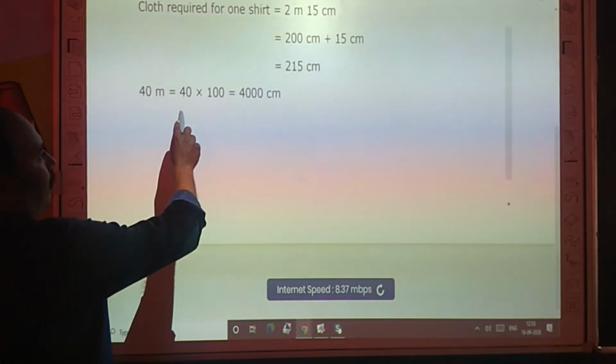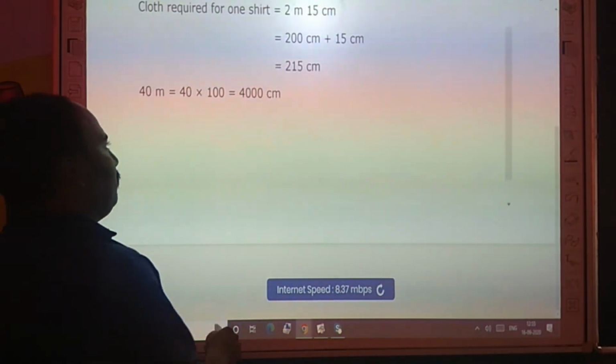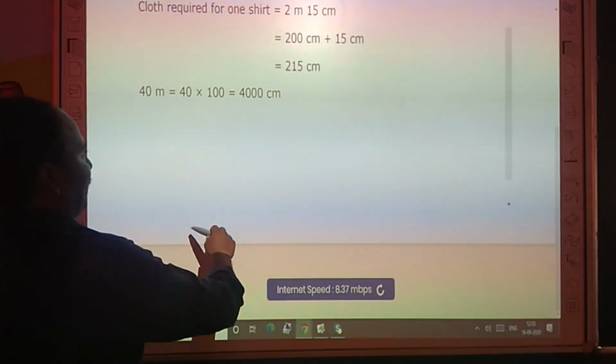Then 40 meter: we convert meter to centimeter, 40 into 100, so 4000 centimeter.